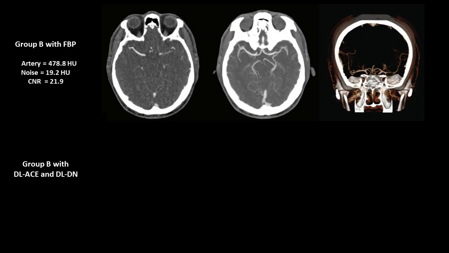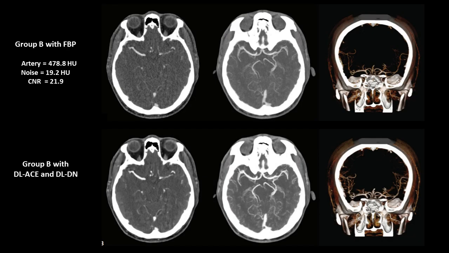As a result, you can see that the CNR is similar in Group A and B with FBP. After applying deep learning algorithm, you can notice substantial enhancement boosting and noise reduction. As a result, all qualitative metrics are improved compared to FBP reconstruction.